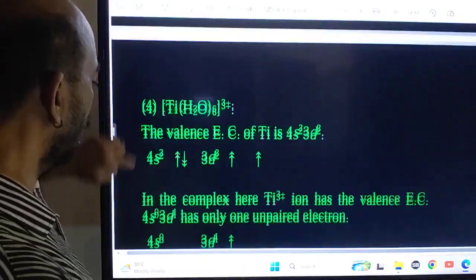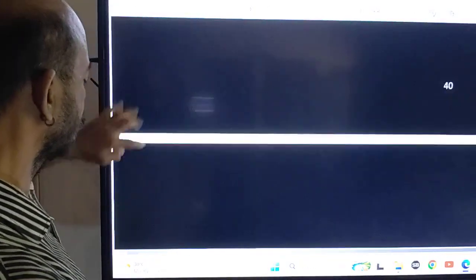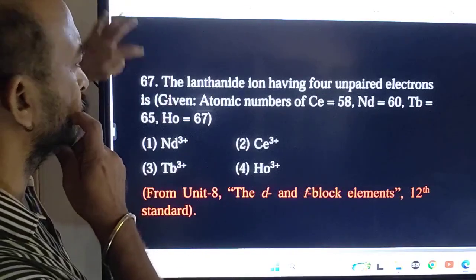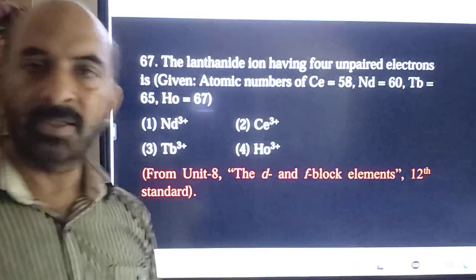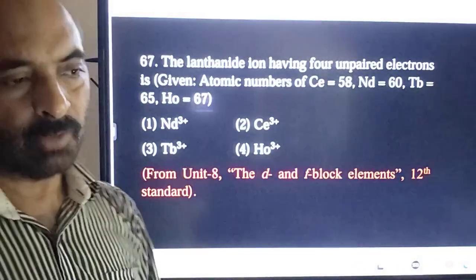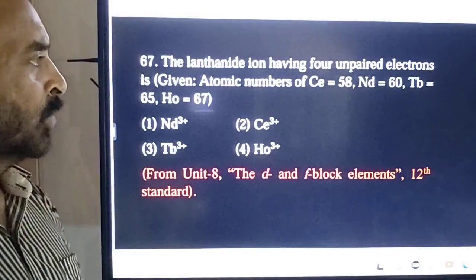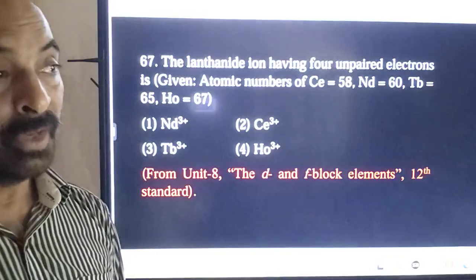We proceed to the next question. The next is from lanthanides and actinides of the d and f block elements. Okay, the lanthanide ion having 4 unpaired electrons. This question warns you that you have to learn the electronic configurations by heart.